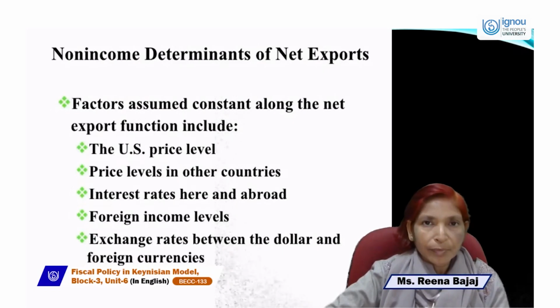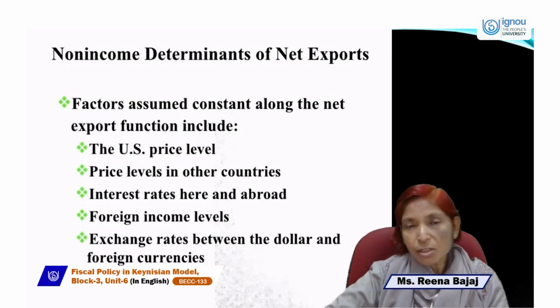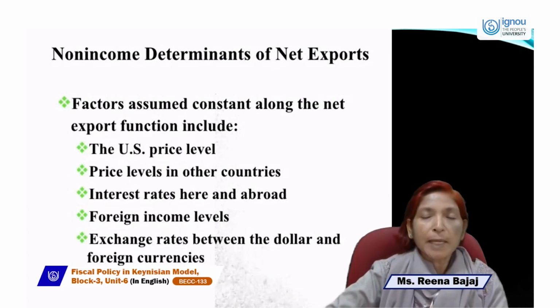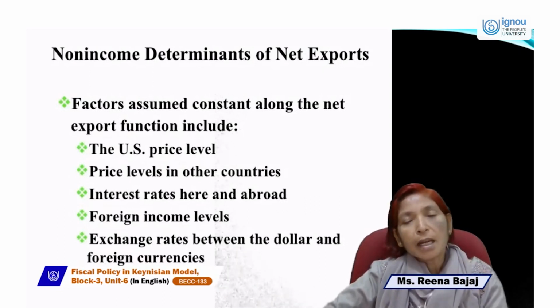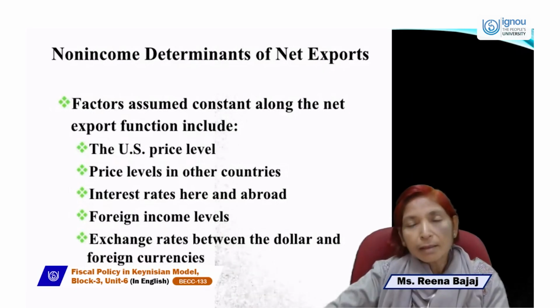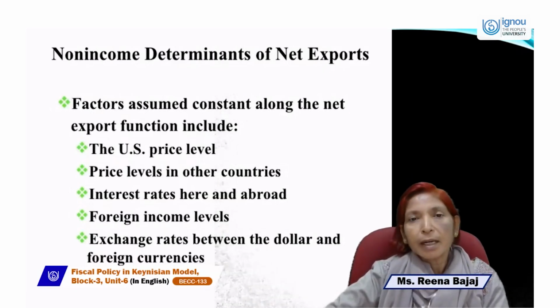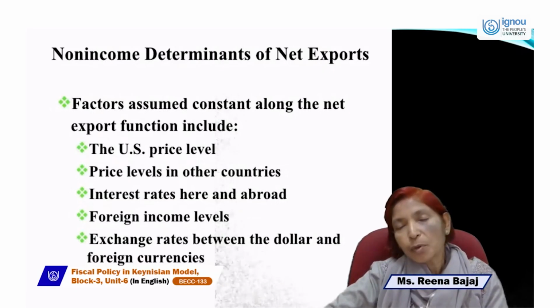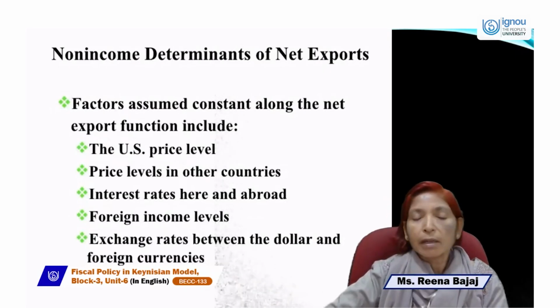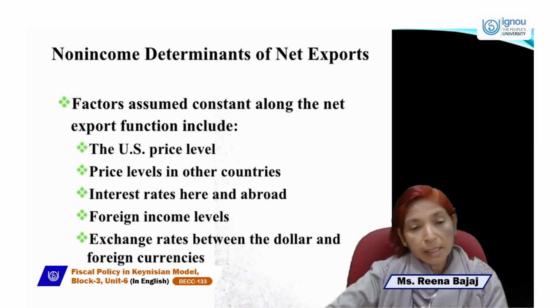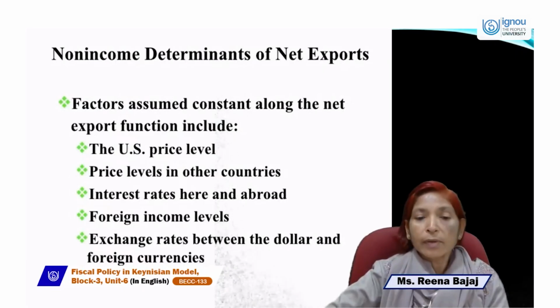And the vice versa situation may also exist. If our country's price is lower and abroad the price is higher, then our exports will rise, and in this case the net export curve will shift to the right. Same with interest rates.